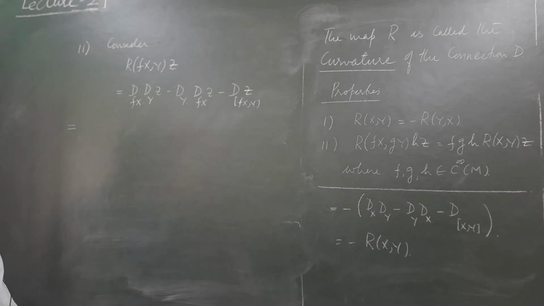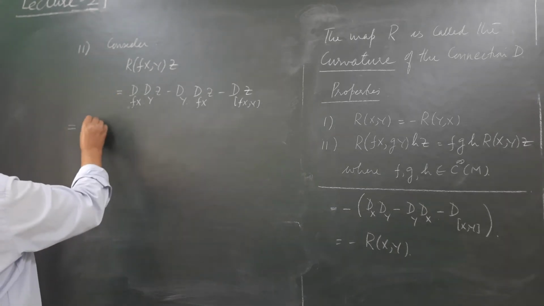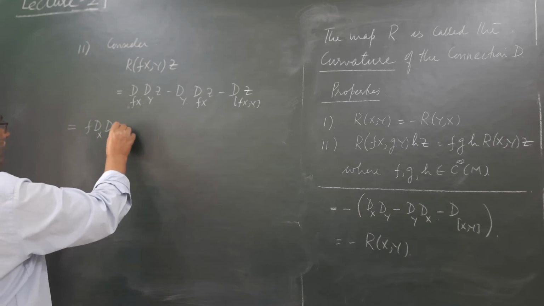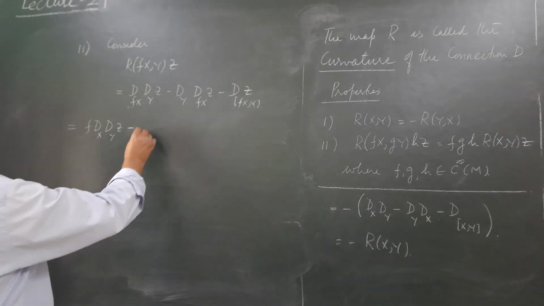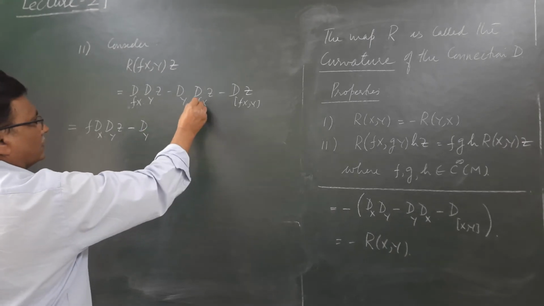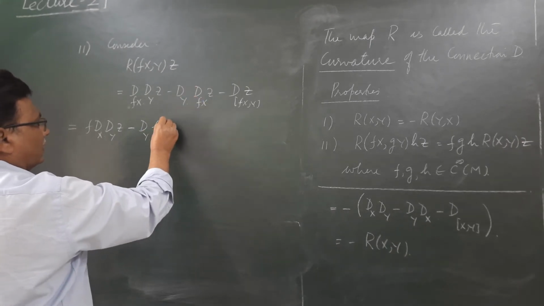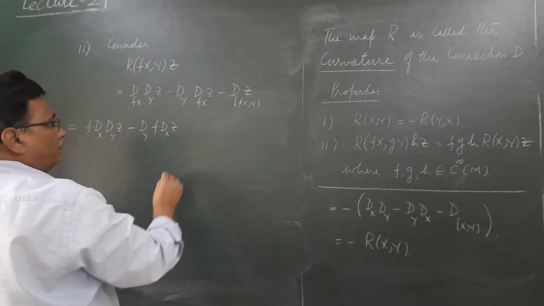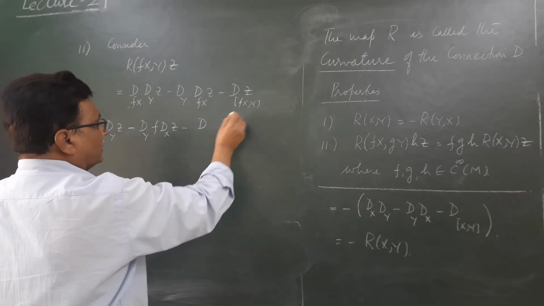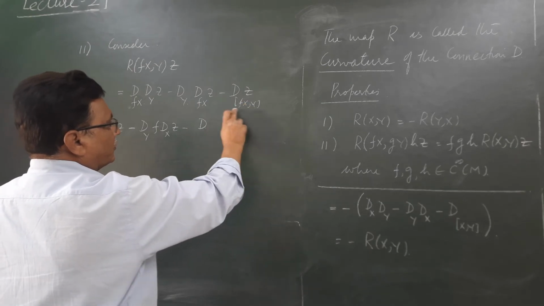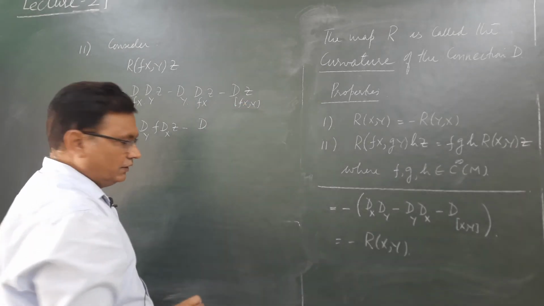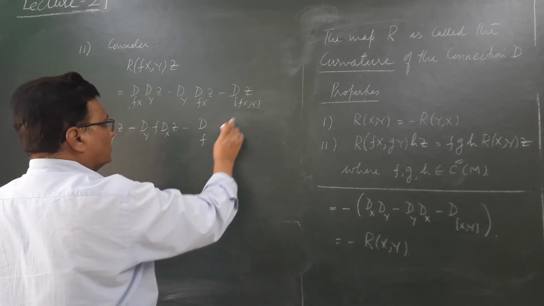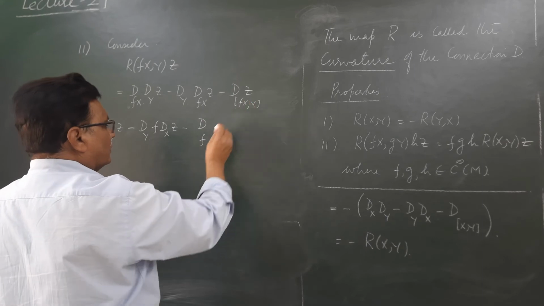Now simplify it. This f will come out by the property of connection: f of dx dy z minus dy, this f will sit over here, f of dx z, minus d of this. I can once again use the formula of the Lie bracket fx y. So this is f of xg, z will be 0, g is 1, so xg will be 0.